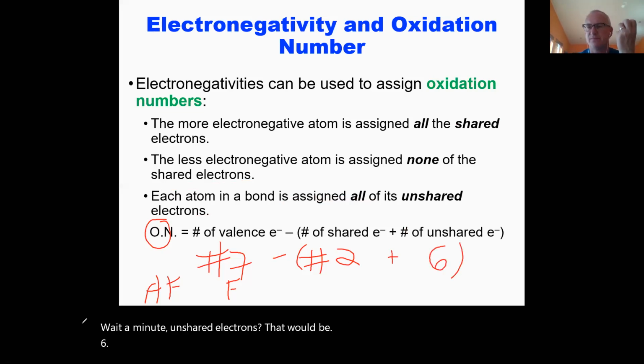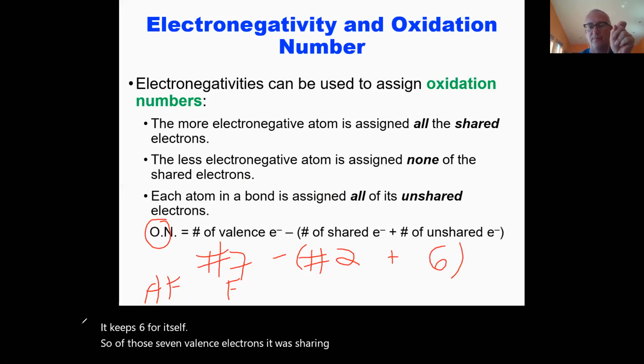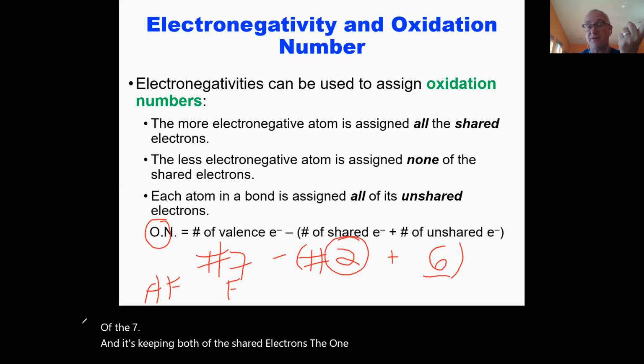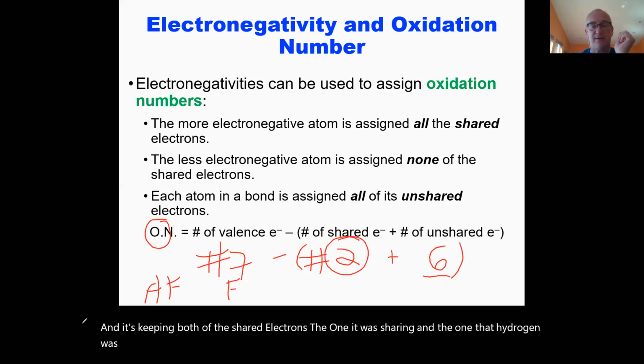It keeps 6 for itself. So of those 7 valence electrons, it was sharing 1 of the 7, and it's keeping both of the shared electrons, the one it was sharing and the one that hydrogen was sharing. So we go 7 minus 2 plus 6, that's 7 minus 8, so that's where you get the -1.